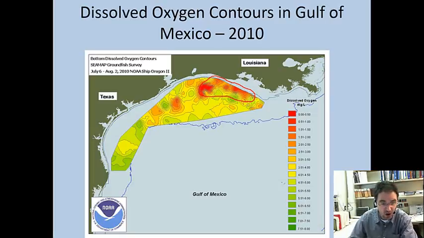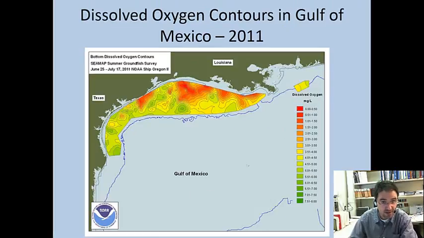Now as we go on to 2011, again, this is a year we see a fairly large areal extent of the orange and red area, that low dissolved oxygen area. All these areas have under that 2 milligrams per liter of dissolved oxygen.